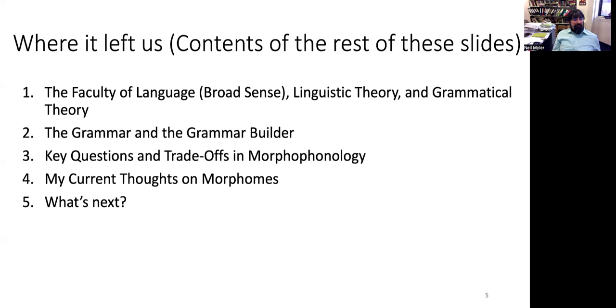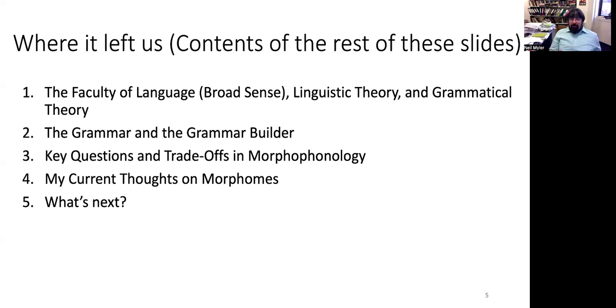So the first part is going to be called the faculty of language in the broad sense, linguistic theory and grammatical theory. 2 is called the grammar and the grammar builder. 3 is called key questions and trade-offs in morphophonology. 4 gives you my current thoughts on morphomes, and 5 is called what's next. Let's talk through all these things.